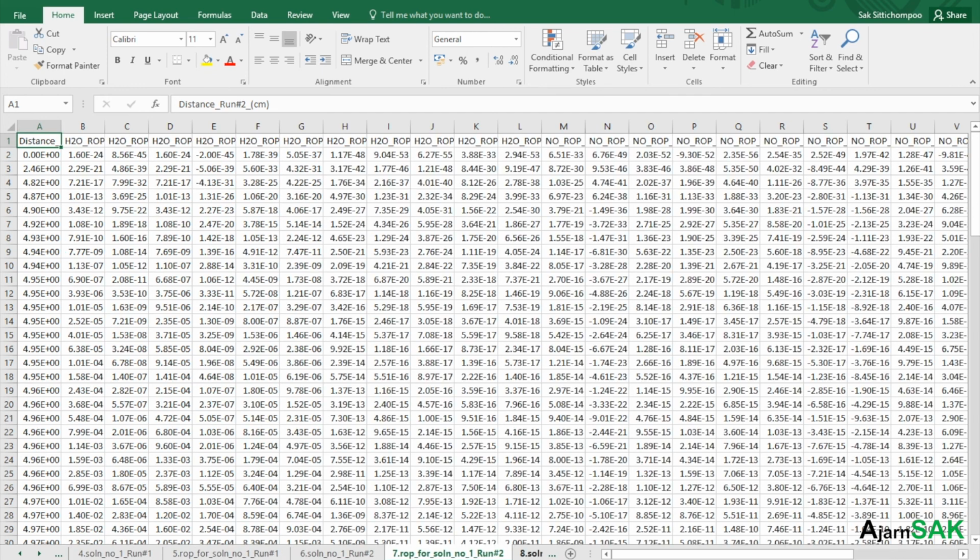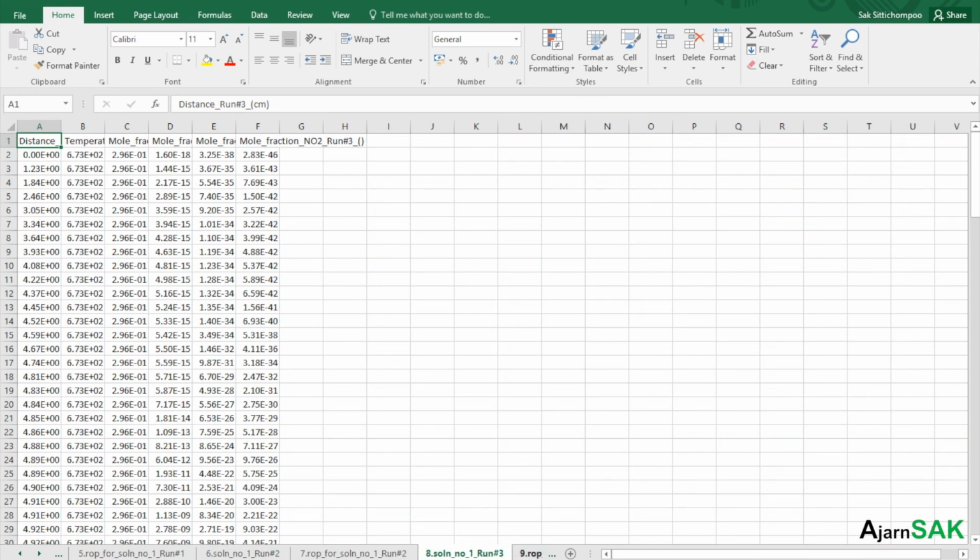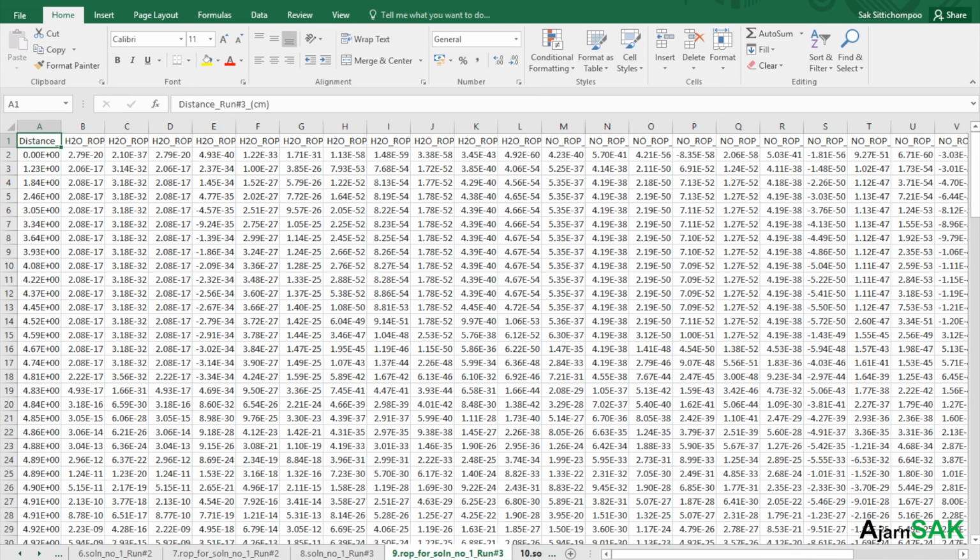this is all the cases, all the parameter studies at different temperatures. You see? For example, at T equals 200 degrees Celsius, NOx production is mainly done by reaction number 15.